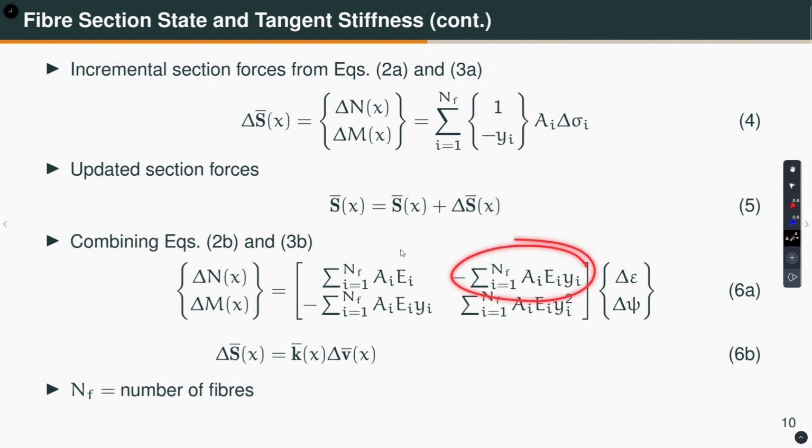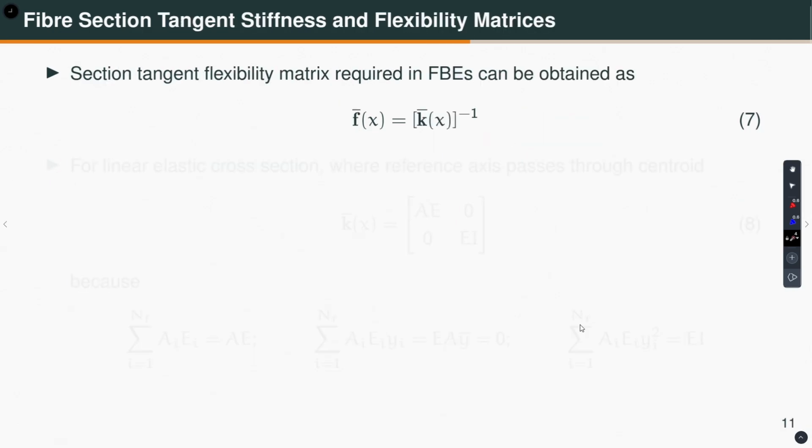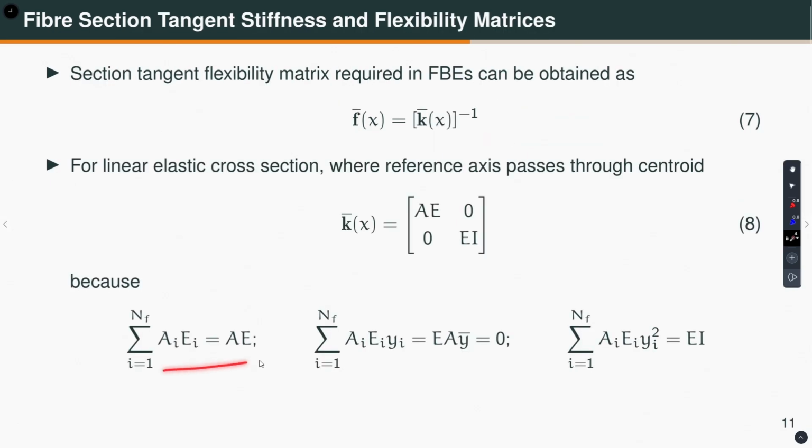So, for elastic this is going to be 0, this is going to be 0, and this is going to be simply EI. So, this is AE, this is 0, and this is going to be EI. Okay. So, that is how you get that.